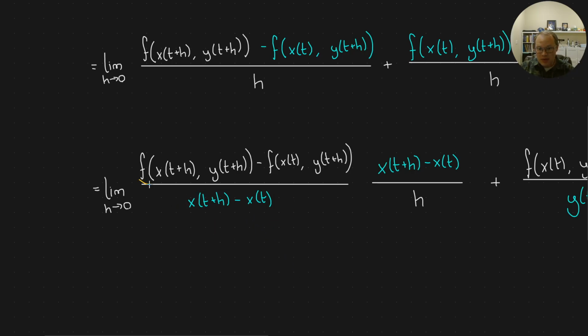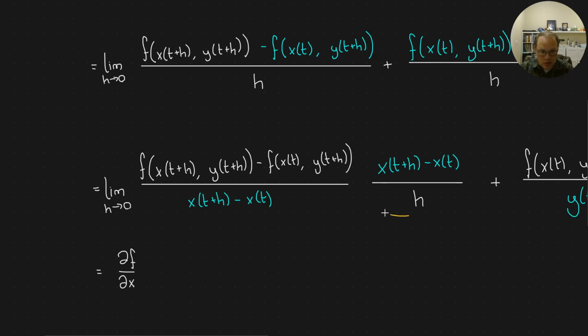So this is effectively the derivative of function f with respect to variable x, while leaving the y constant. Okay, so when I take the limit, this becomes the partial derivative of f with respect to x. I'm seeing how f is changing as x changes.